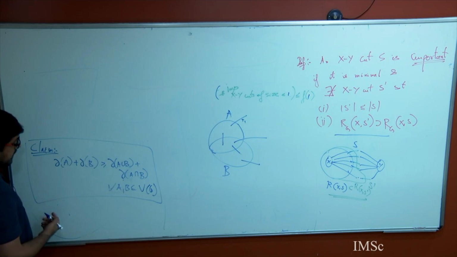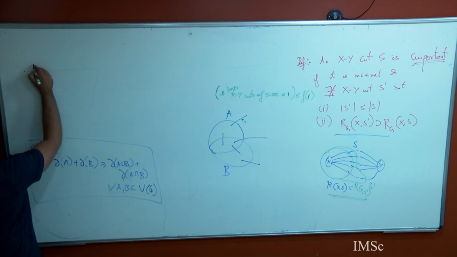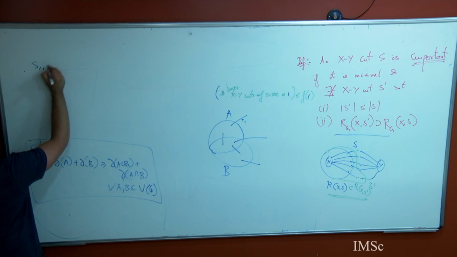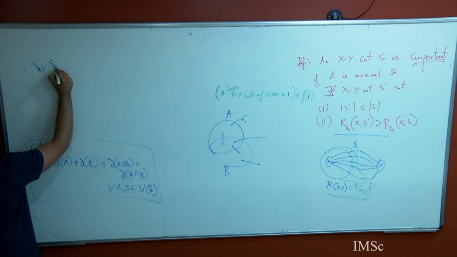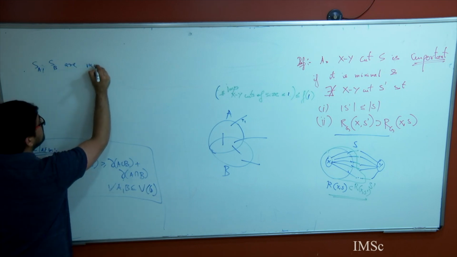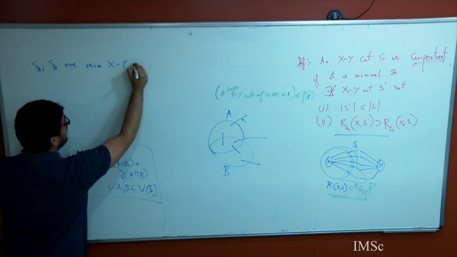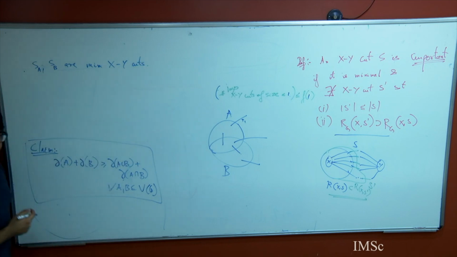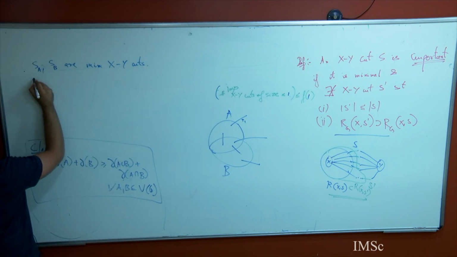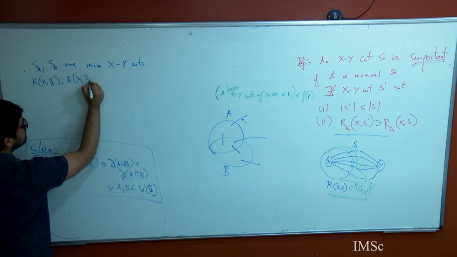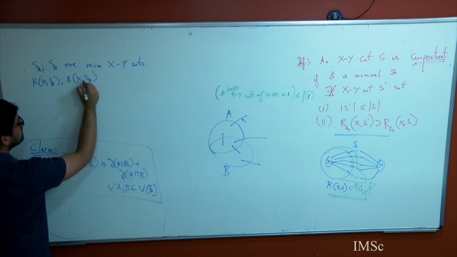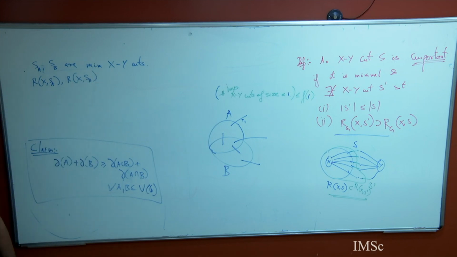Now, let me look at two XY min cuts, SA and SB, which are minimum XY cuts. Now let me look at these sets, X comma SA and X comma SB.